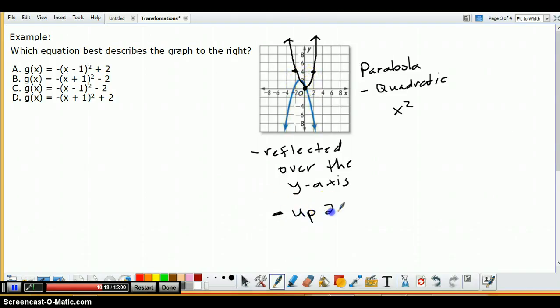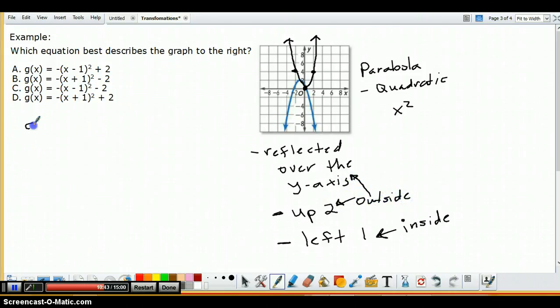So up 2. And this spot right here looks like it's in the middle of 0 and -1, so it went left 1. Okay, so that's inside. That and that are outside.